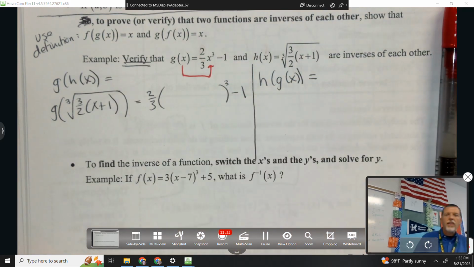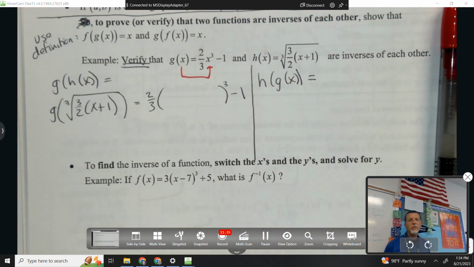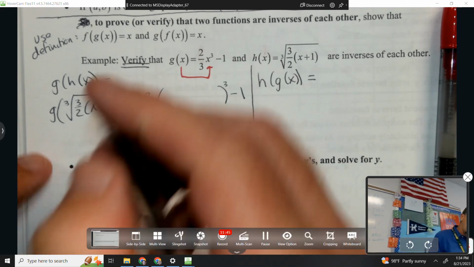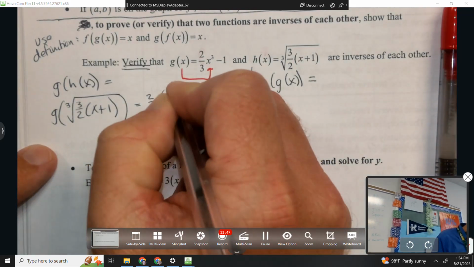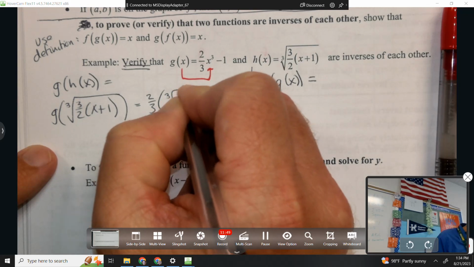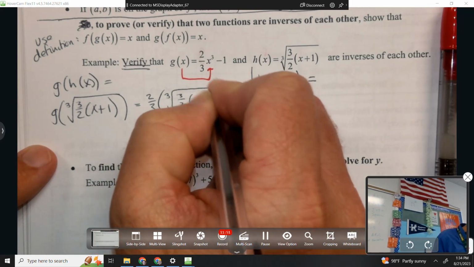That's kind of how I like to do it sometimes. So if the input was 3, we'd put in a 3. If it was 7, we'd put in a 7. If it was pi, we'd put in a pi. If it's cube root of 3/2 of x plus 1, then, well, in that goes.